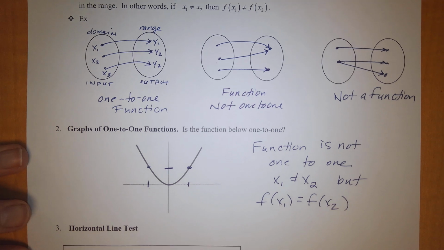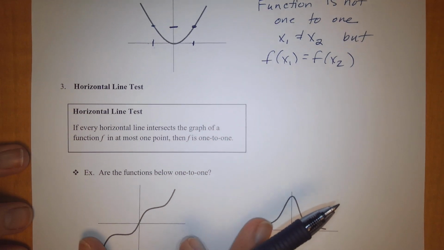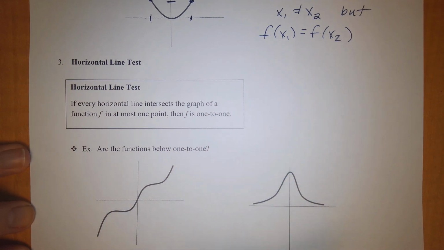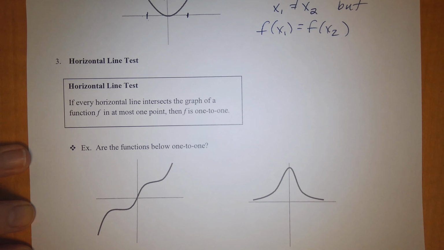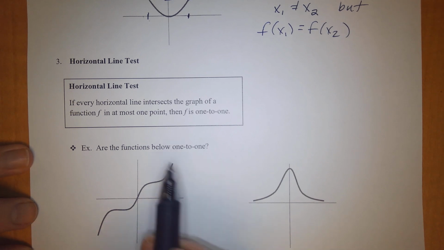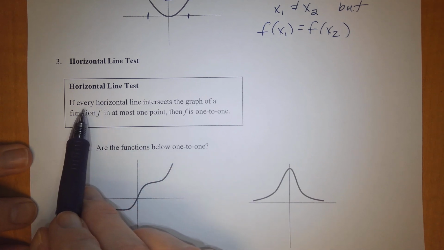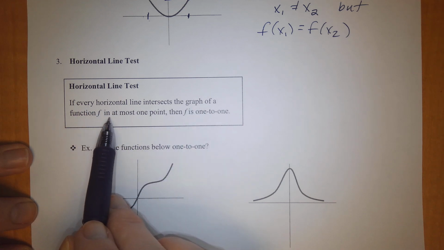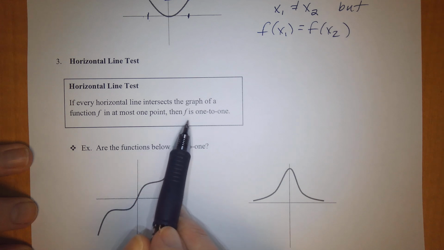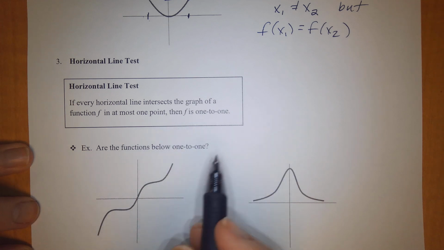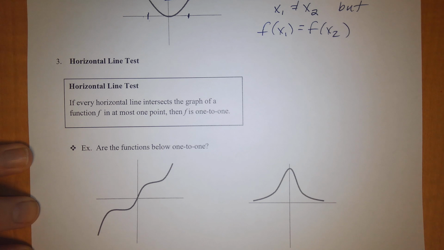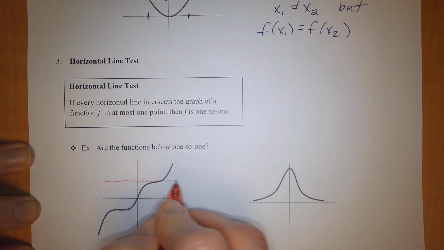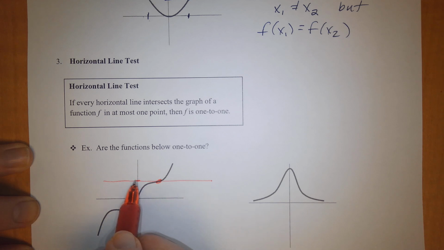A simpler way to determine whether a graph is one-to-one is to do what's called the horizontal line test, which is opposite of the vertical line test for functions. The horizontal line test says if every horizontal line intersects the graph of a function f in at most one point, then f is one-to-one. So if I were to draw a horizontal line anywhere through this graph, I should only hit the graph one time, meaning for this particular y, I only hit one x.